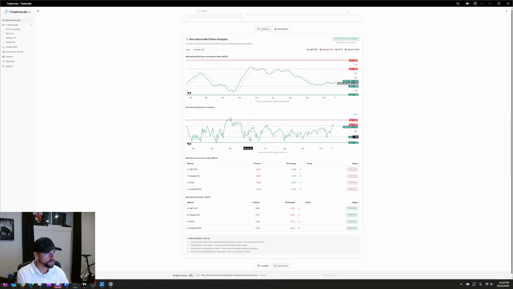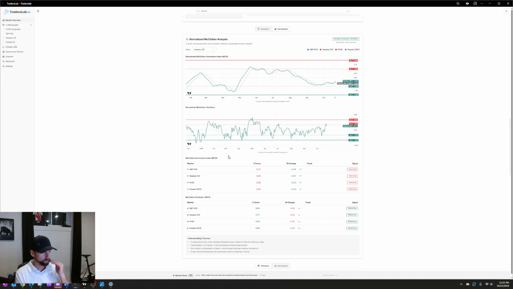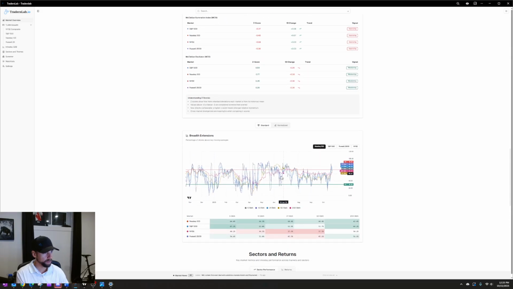And those two standard deviations below average in 2025, there was one, two, three, four, five, and at one there was a lot. So if you only take the McClellan oscillator two standard deviation readings, along with being in a good spot on the summation, then you really put yourself in a good position, and that's kind of the same as using the breadth extensions, right?